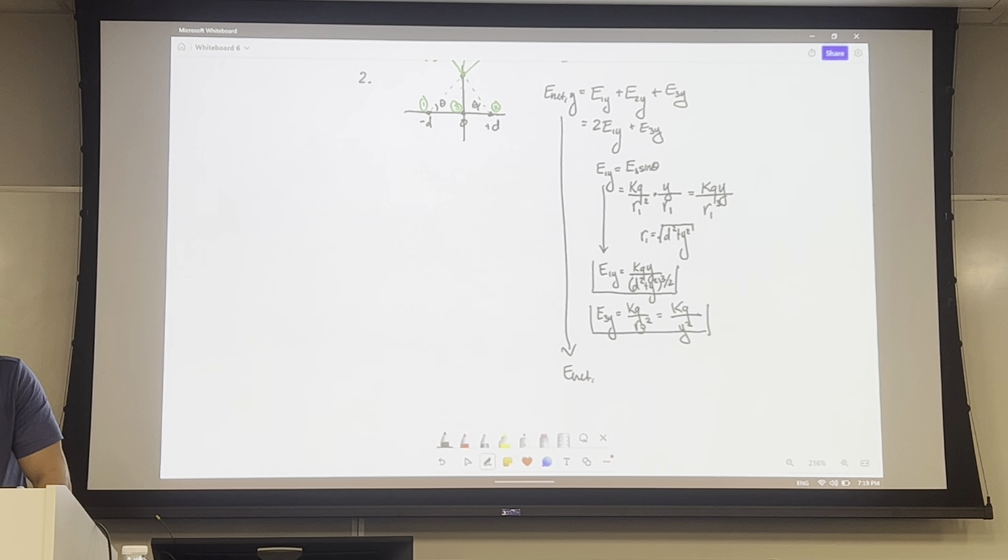So then the net electric field in the y direction, you just add the two. It's given by this equation: 2 times KQy over d squared plus y squared raised to the 3/2 power plus KQ over y squared.